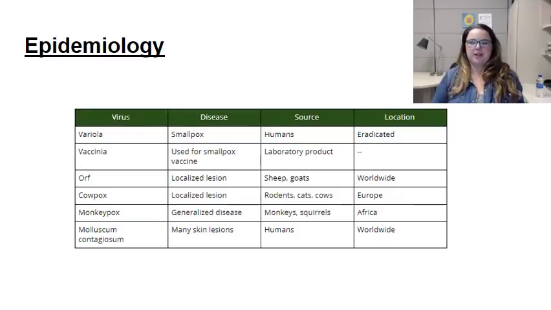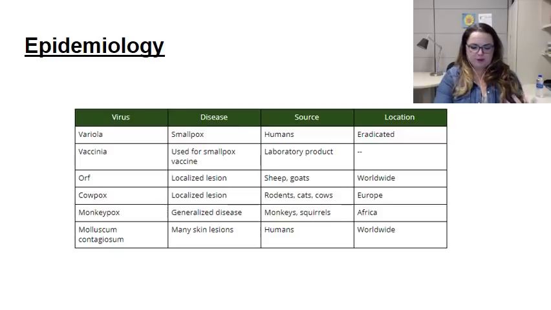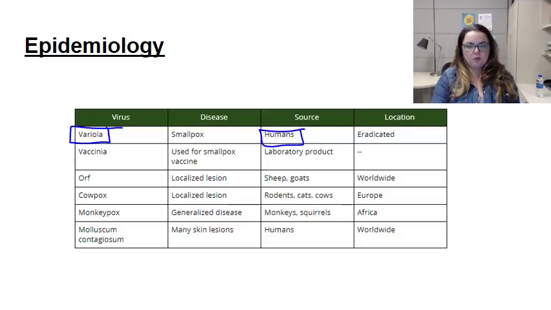So talking about the epidemiology of an extinct virus is a little strange, but we're going to do it anyway. When there was variola, which I don't think I've said that yet, but variola virus is actually the name of the smallpox virus, humans were the only source. And that's actually part of why we were able to eradicate it, because it was just us.